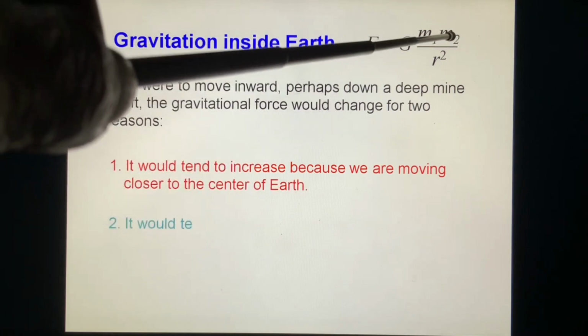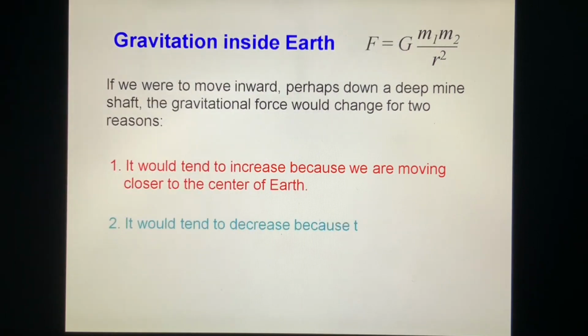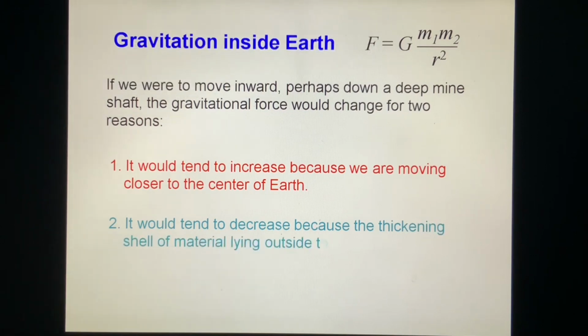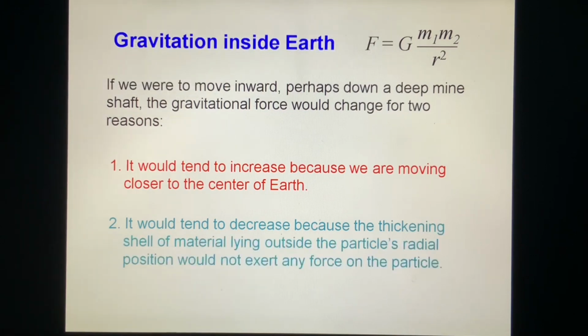Second is m2 getting smaller and smaller, so F getting smaller. Why is m2 smaller? Because according to Newton's shell theorem, all the mass outside the point exerts no net gravitational force.